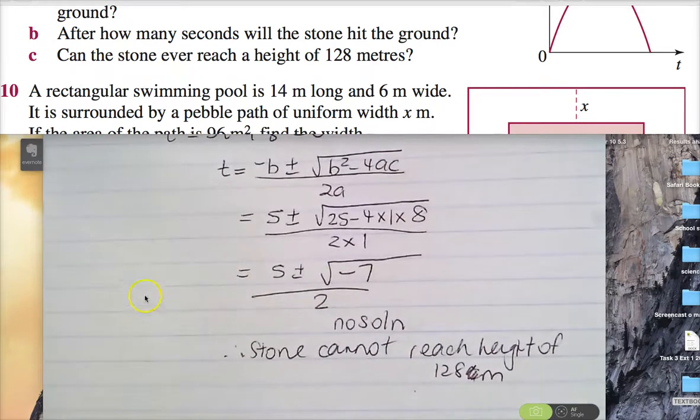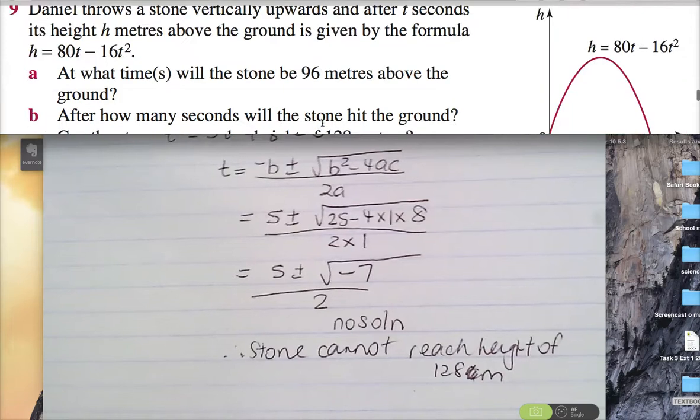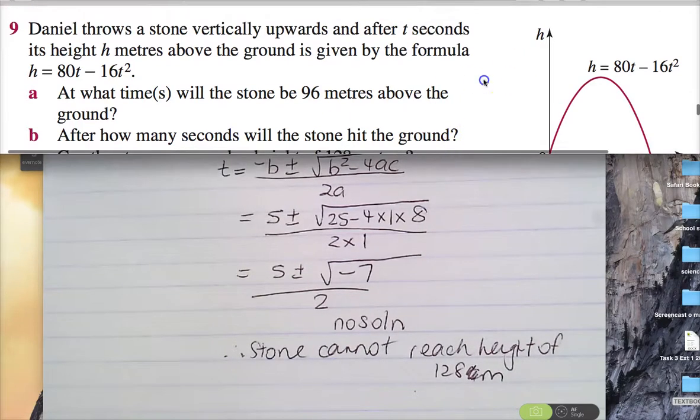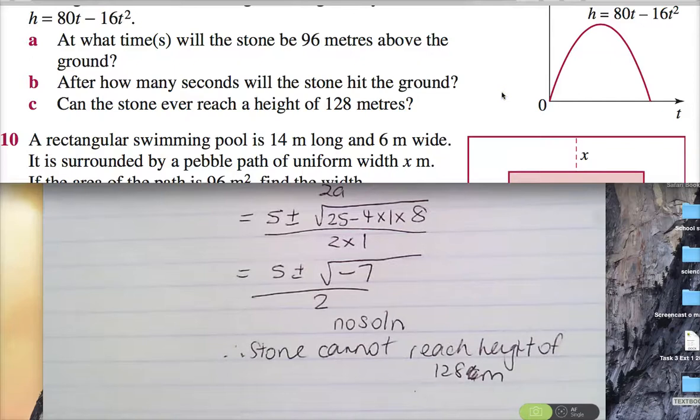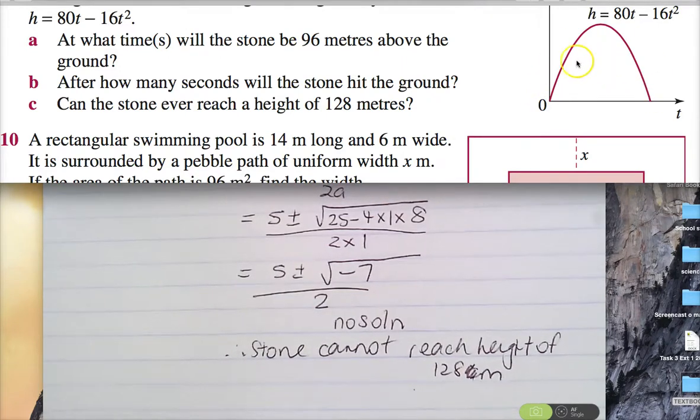I told you earlier that it's symmetrical, and if it takes 5 seconds for the whole ball to go up and down, girls, we're doing this in the next topic, but I thought I'd mention it now. If it takes 5 seconds for the ball to travel from there to there, and I told you this graph is symmetrical, then it takes 2.5 seconds to get to the top.